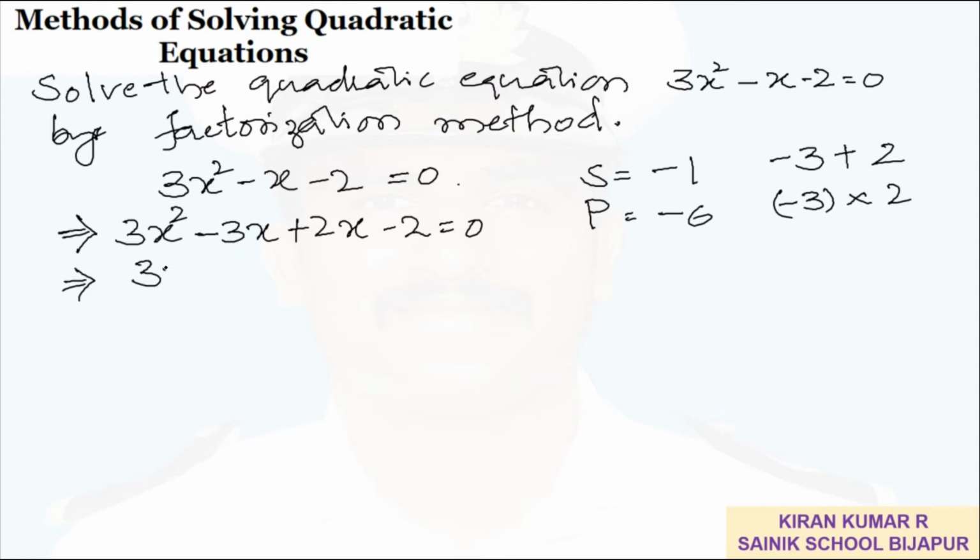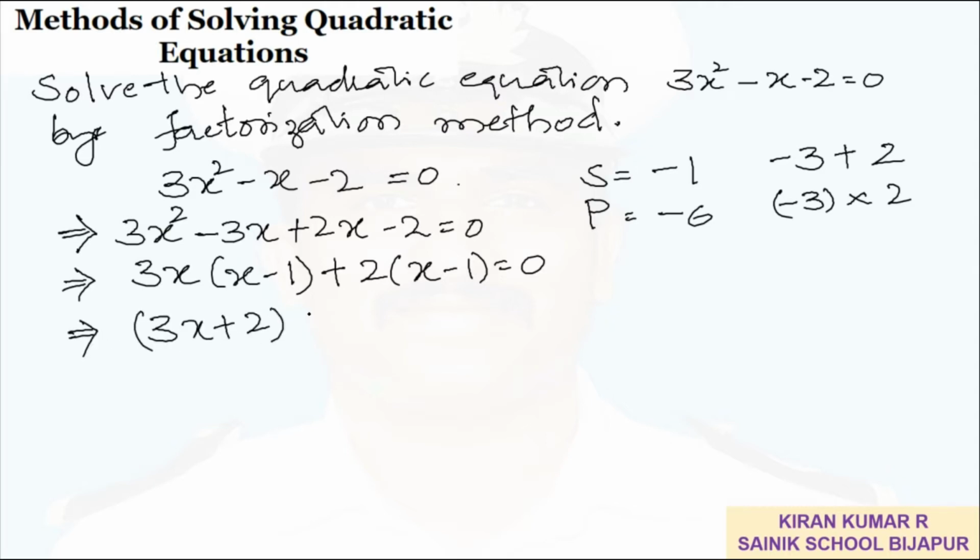Now take 3x as common, we get 3x times x minus 1 plus 2 times x minus 1 equal to 0. This implies 3x plus 2 multiplied by x minus 1 equal to 0. In the first step, we have seen we make it into a product of linear factors, and we have got the linear factors here. Now we have to equate each factor to 0, then only the product will become 0.